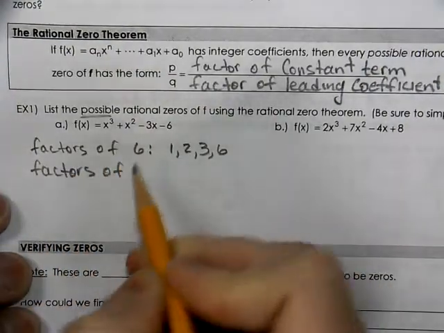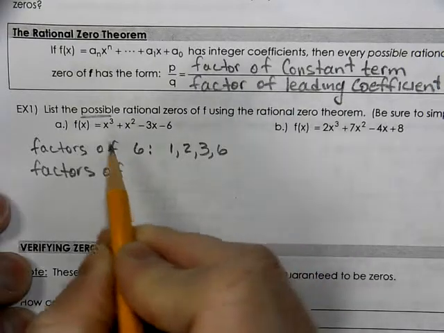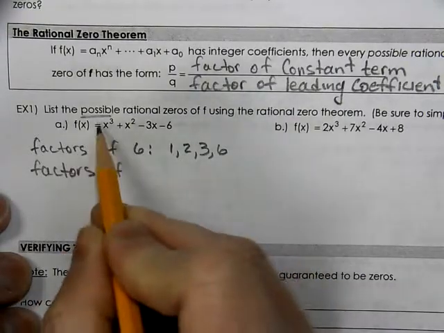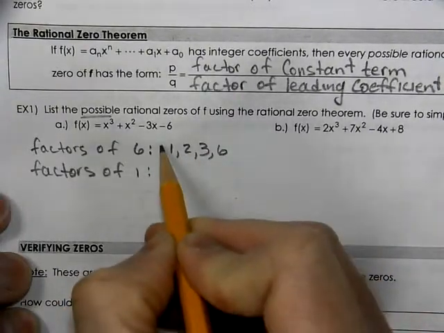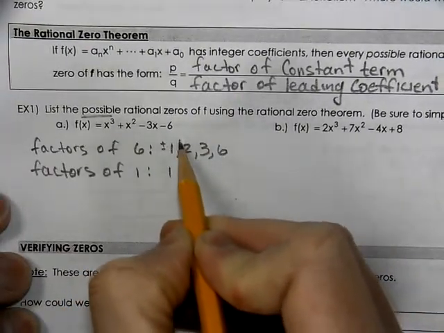Factors of the leading coefficient are 1. So really we should say plus or minus those.